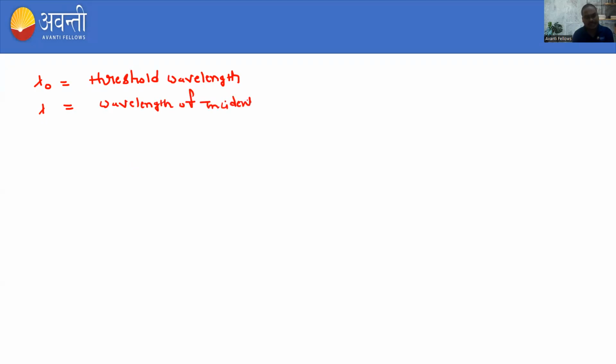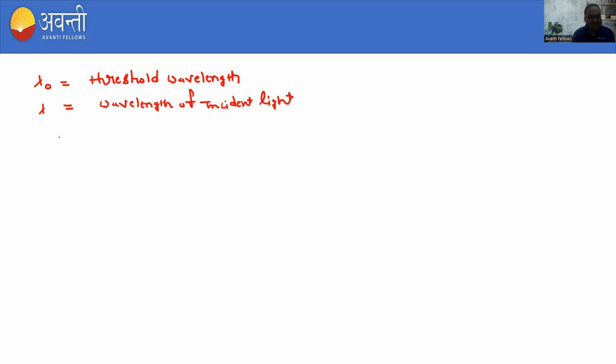Lambda naught and lambda are the threshold wavelength and the wavelength of the incident light, right? So lambda naught is the threshold wavelength and lambda is the wavelength of the incident light.